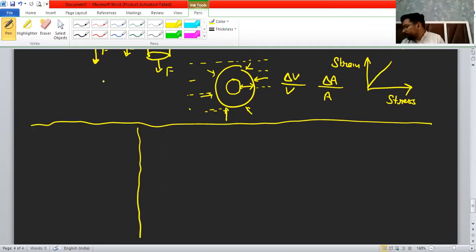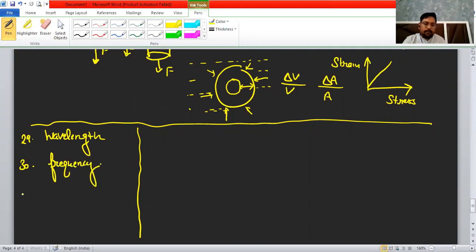These are wavelength, frequency, and Planck's constant. Linear mass density.